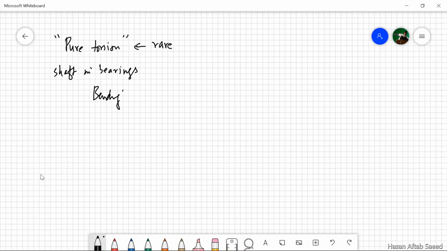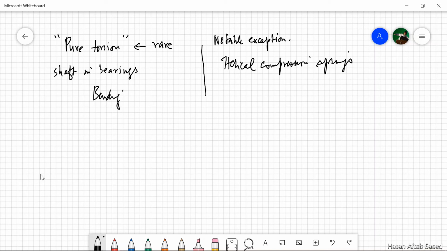Now there's a notable exception here. There is a situation, and a very important situation, where you will get pure torsion, and that is helical compression springs, where you have pure torsion.